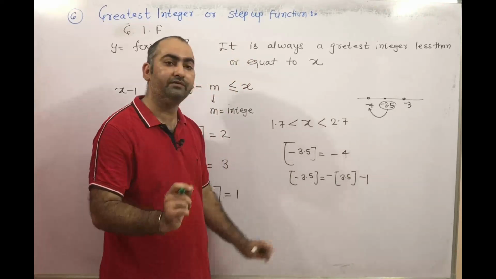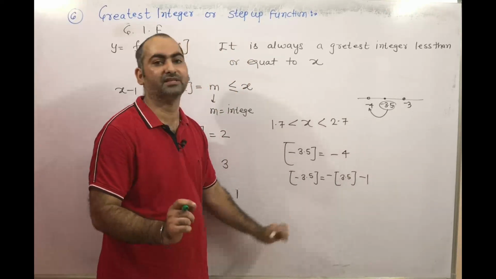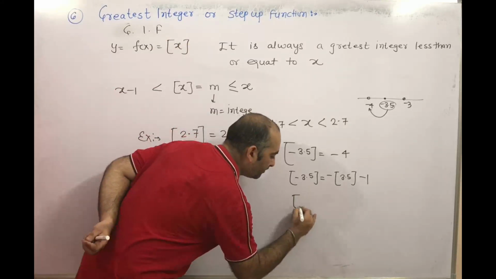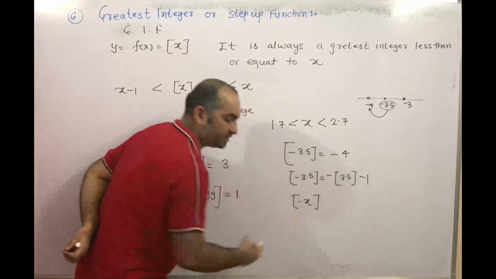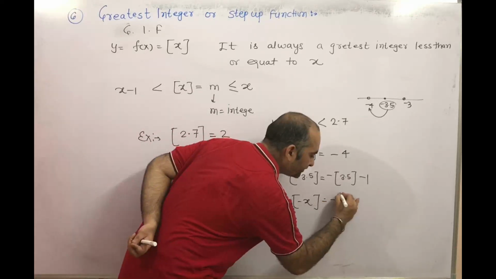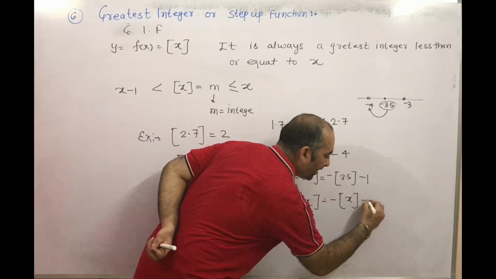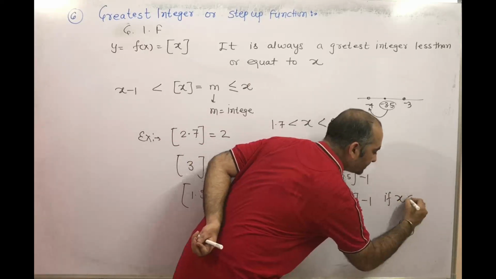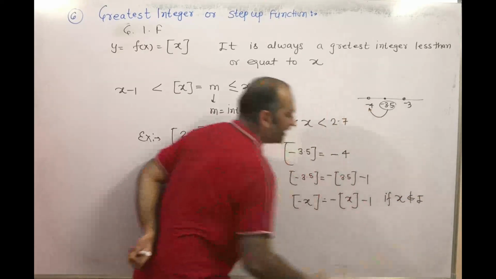This is valid only when the number is fractional. So we can define: the greatest integer of minus x is equal to minus of the greatest integer of x, minus 1, if x is not an integer.